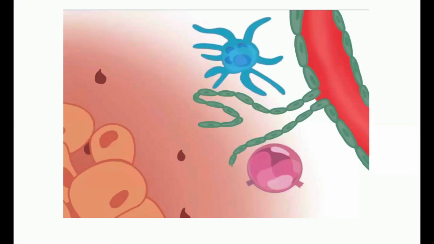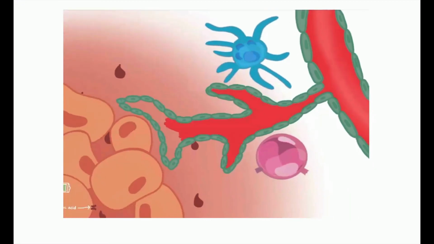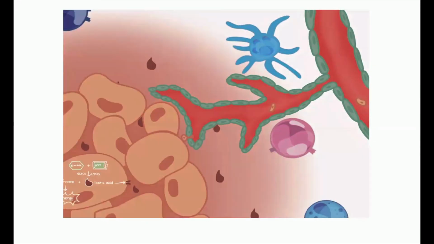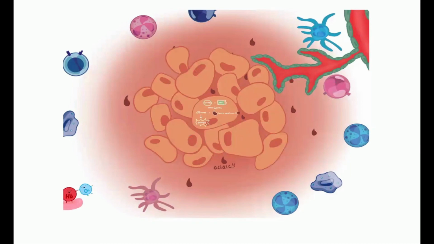It also stimulates the growth of blood vessels through a process called angiogenesis. This promotes the spread of cancer locally and systemically. The acidity will also decrease the affinity of oxygen binding to hemoglobin, lowering oxygen levels in the area. This results in a toxic environment, a hallmark of aggressive cancers.